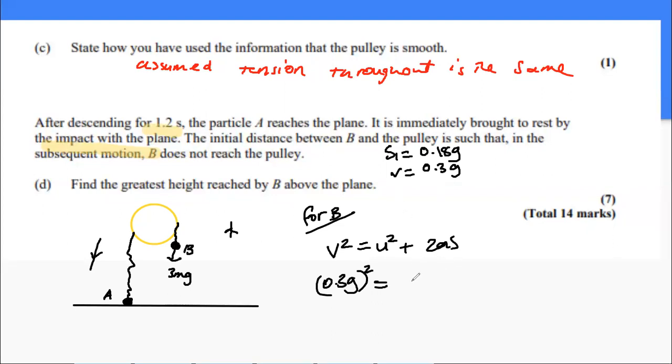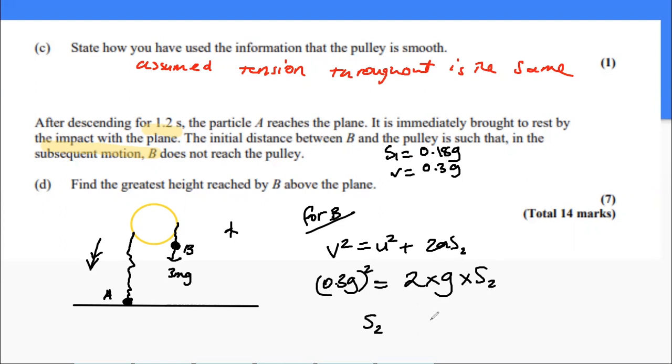And then you have 2 times A. So when particle A hits the ground, the only force working on B, pushing it down, is gravity, just g. And so I'm going to work out the small distance it travels. I'm going to call it S2, because remember, you want to work out the greatest height reached by B.